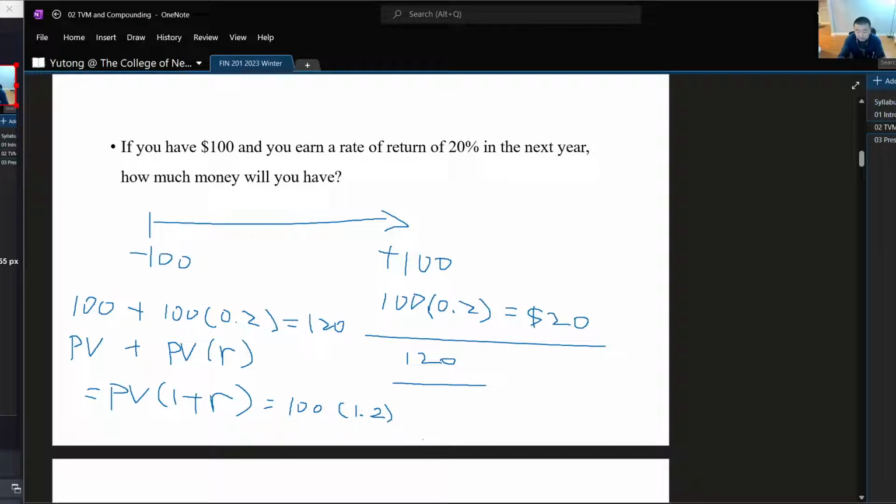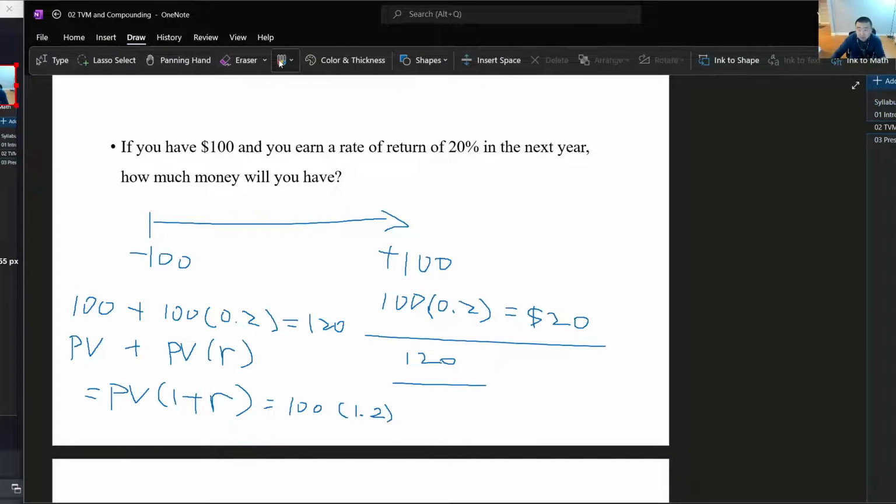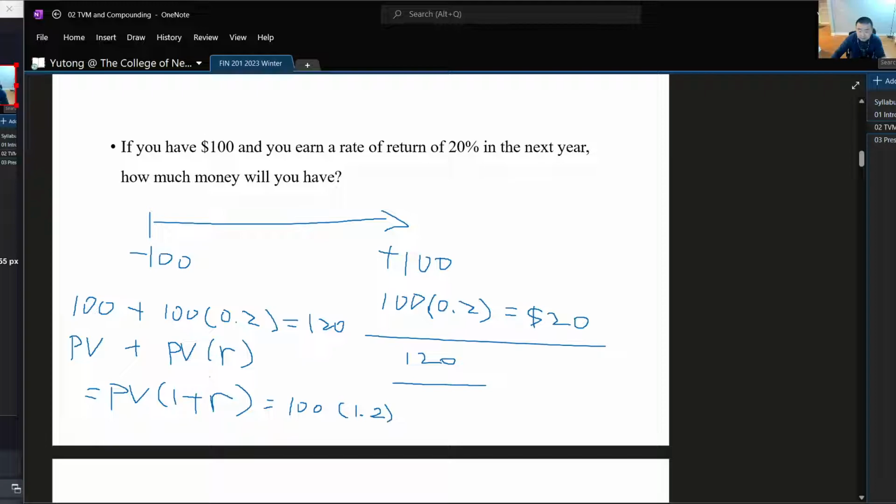This is basically saying for a 20% return, when R is 20%, for every dollar you invest, you're going to get $1.2 a year from today, right?